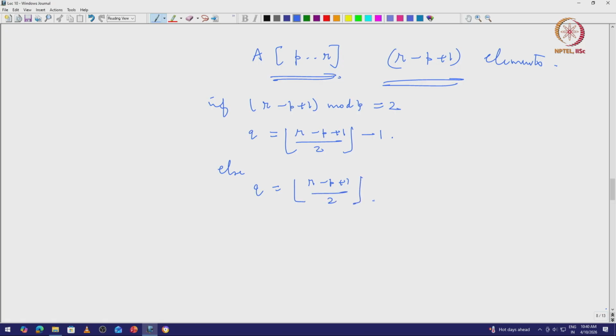You split as the number by 2. If this is the case, this is the special way to find the first half. Otherwise, the first half is defined by the size by 2. That is it.